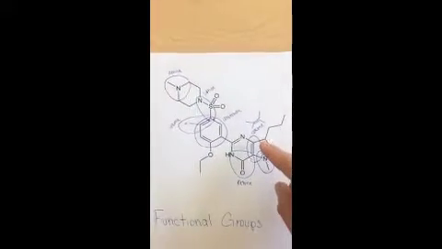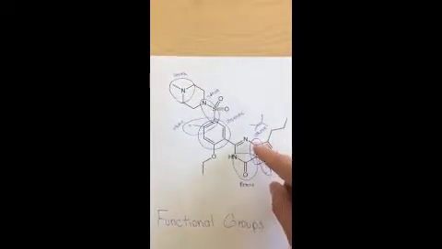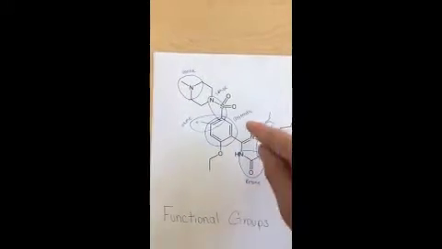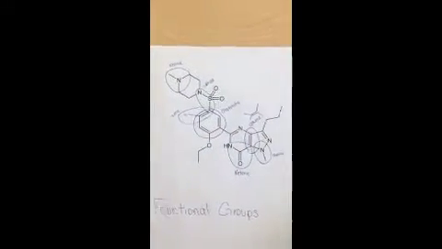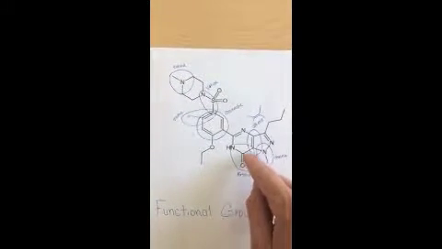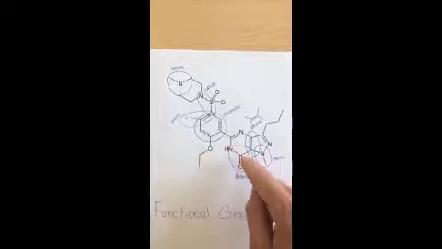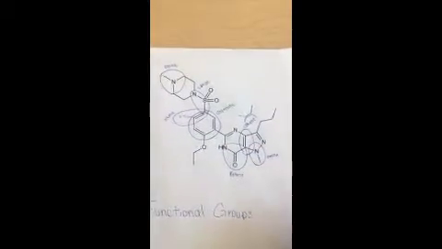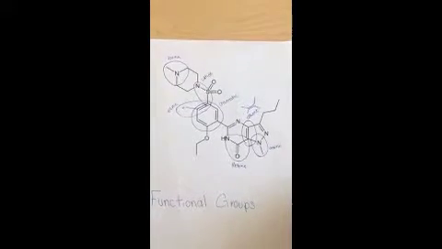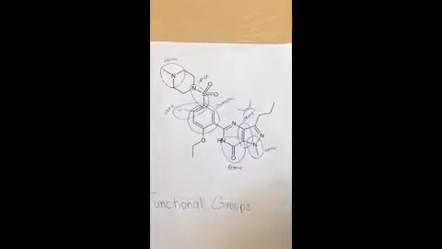There's an alkene here with the 2 double bonded carbons, and then the 4 single bonds coming off of each of those carbons. There's a ketone here, the double bonded oxygen to a carbon, and then 2 single bonds coming off of that. Another amine, again a nitrogen with 3 single bonds coming from that.